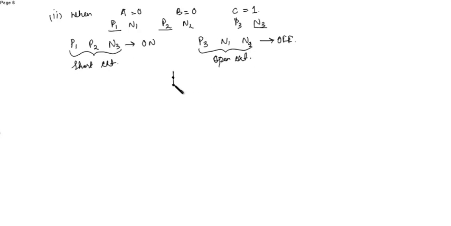So this is P1. This is P2. P3 is open. Then N1 is open, N2 is open, N3 is short.